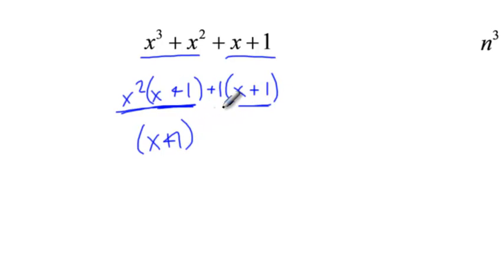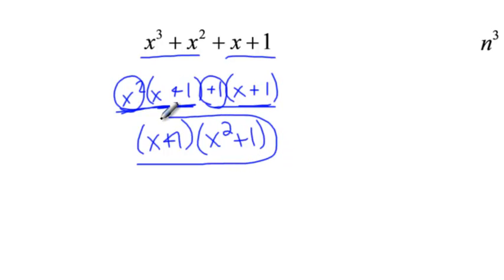What I have left over is x squared plus 1, and that's my other part. If I can factor either any further, I would, but right now I can't. I have a sum of perfect squares, but that's not a formula we've talked about, and x plus 1 is a linear factor, so that's our final factored form.